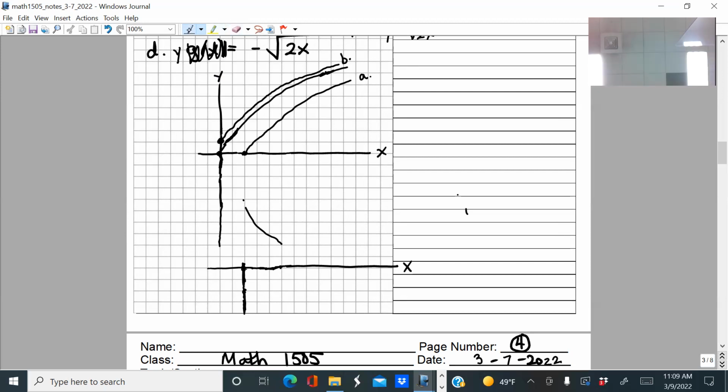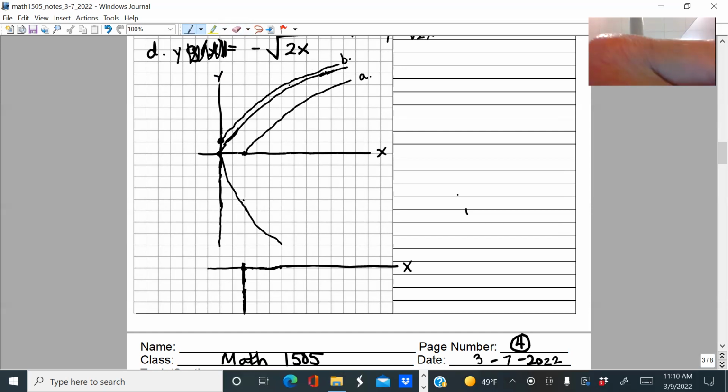Do you all understand the rotation? You're flipping it around the x-axis. Sort of lay your hand there above the x-axis and rotate it like this.